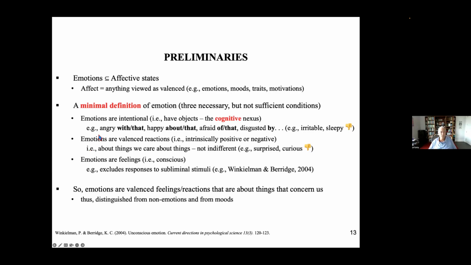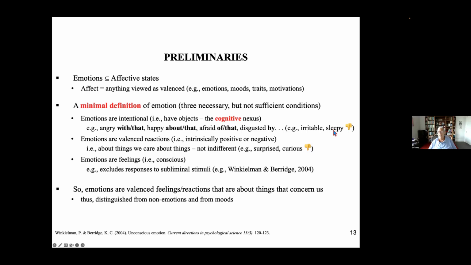So when you're angry with someone, or you're angry that something happened, or angry about something. You can't just be angry without there being any object. Similarly with happy, you're happy about something, or happy that something happened, and you're afraid of this, and you're afraid that this will happen, and you're disgusted by the horrible sight or horrible mess and so on.